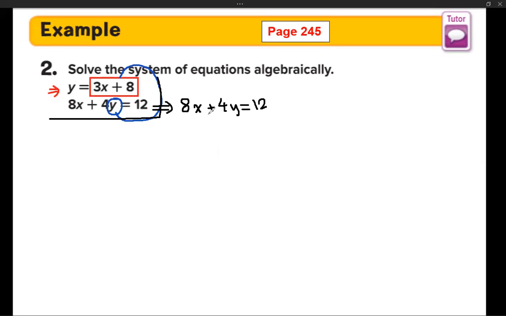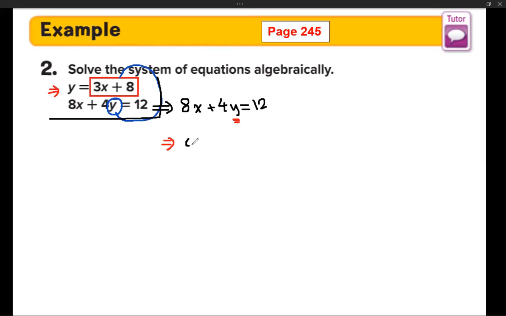Now which variable in this equation do we know? We know the value for y. How do we know it? It is given in the first equation here. So we know the value for y, and what we need to do is just substitute in this equation.